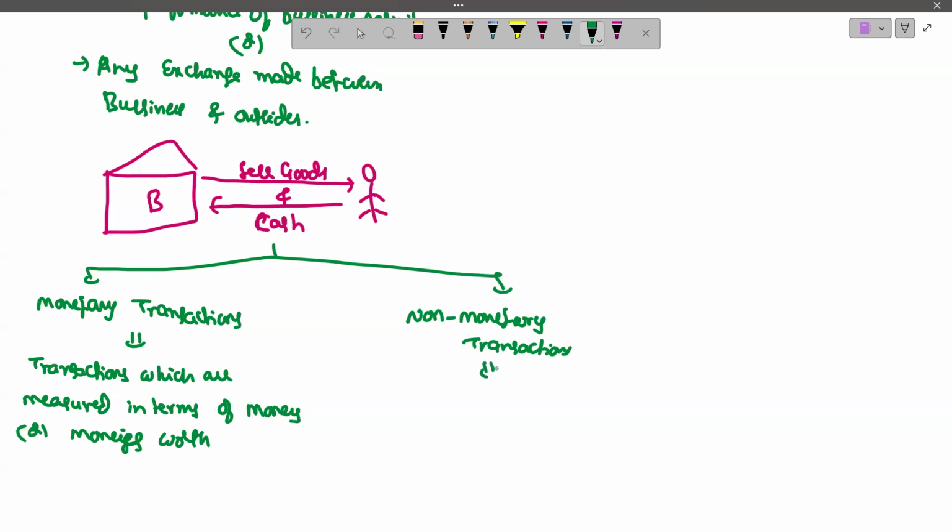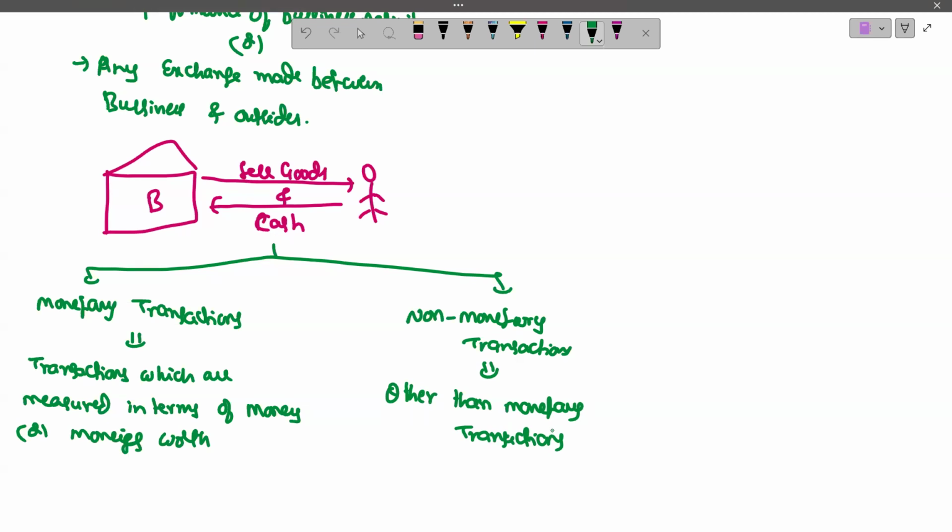And the remaining, other than monetary transactions, are nothing but non-monetary transactions. They are the transactions which are not measured in terms of money or money's worth. For example, quality of a product is not measured in terms of money.